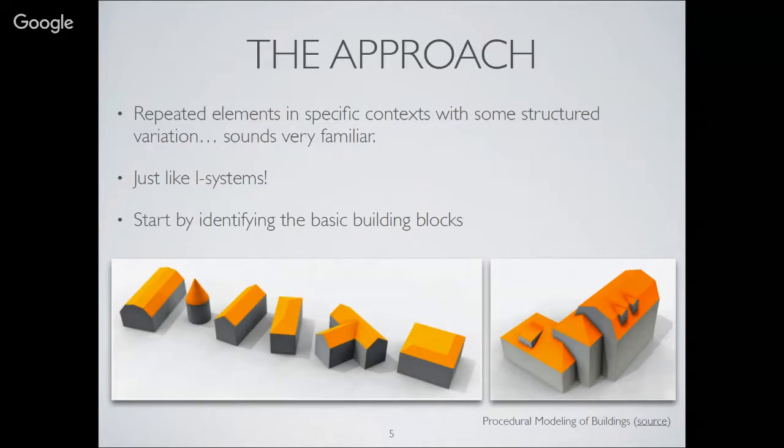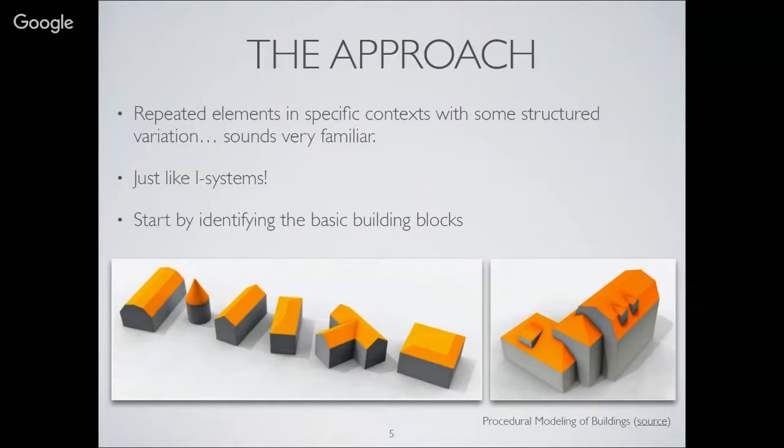So in the case of a building, we might see cubes. Cubes might be the basic building block, or slightly more complicated platonic shapes like are depicted on the left-hand side here. Once we figured out what our basic elements are, we just figure out in what context they appear.